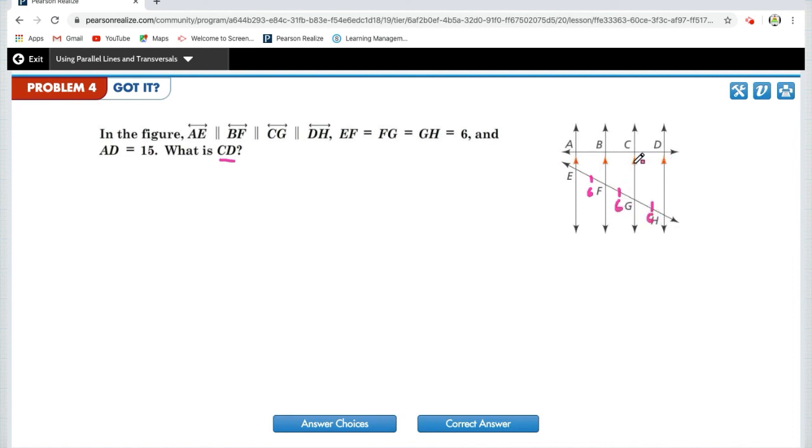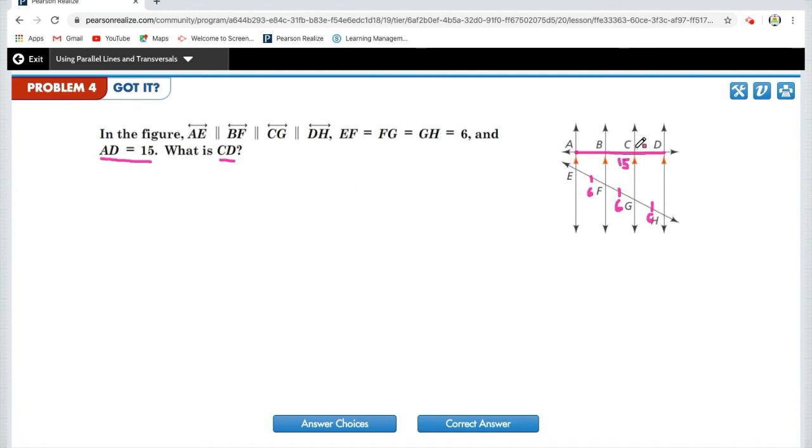Now here, since this transversal was cut into equal segments, therefore this transversal was also divided into congruent segments. Then it is given that AD is 15, meaning segment A until D is 15, meaning the whole segment here is 15.